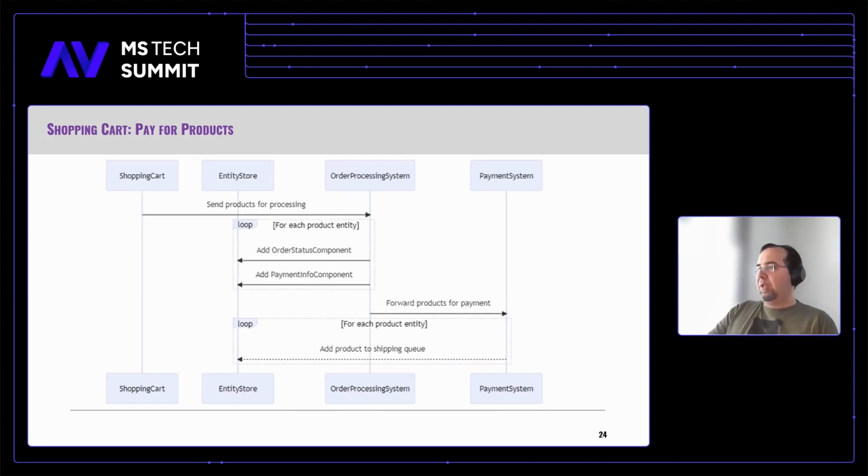Now, payment for products will also be a bit simpler than that. Essentially, shopping cart will send all its entities to the order processing system, which will apply business logic for payment and order status, and add relevant components to the products, right? And then the payment system will pick it up, because it will detect that order status component and payment info component exist on a certain entity.